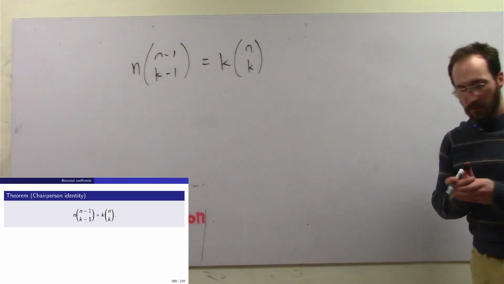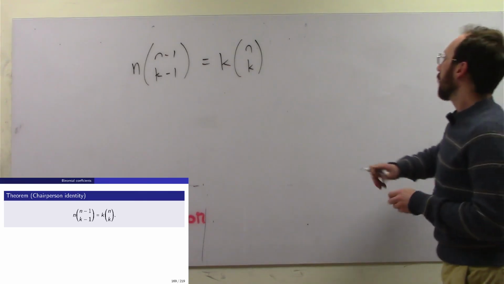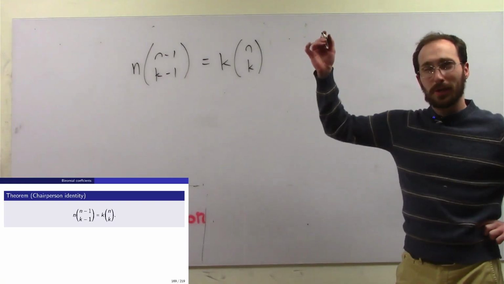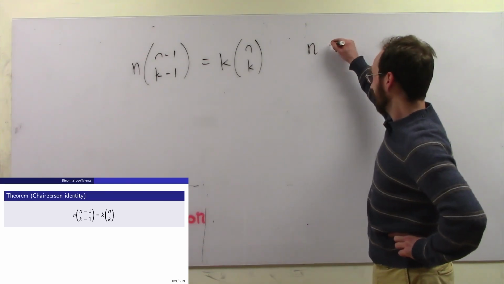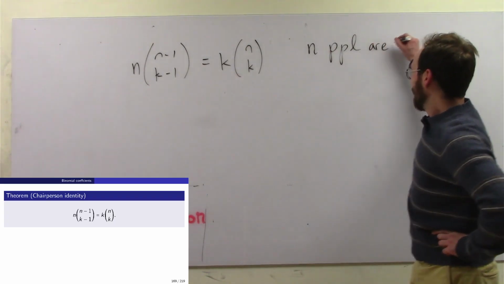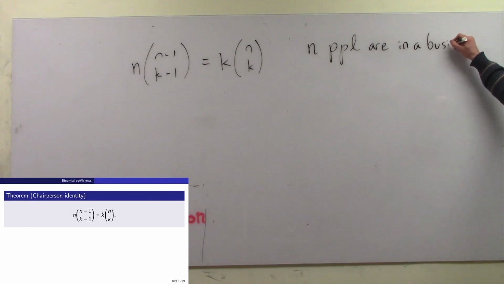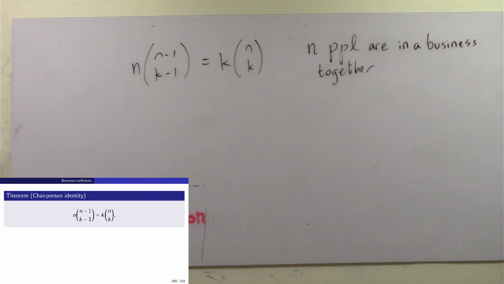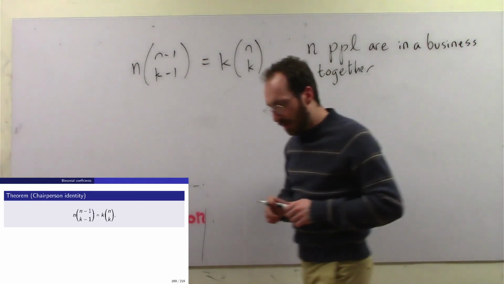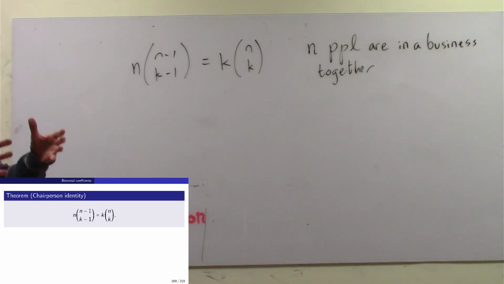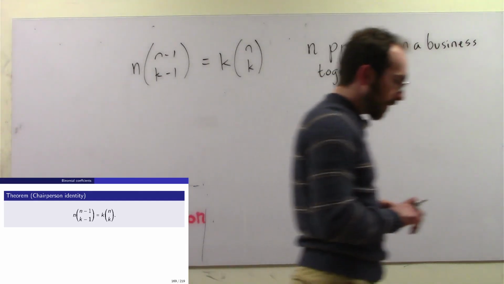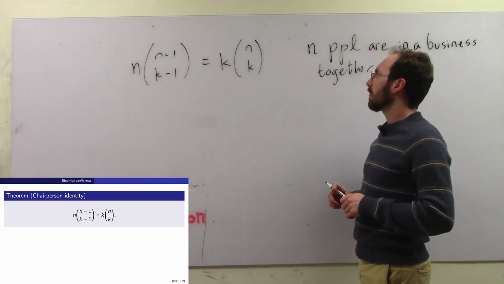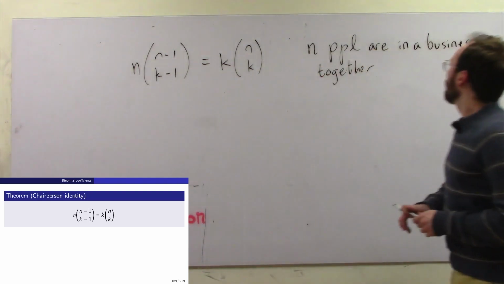The idea is, imagine we have a group of n people in a business together, and we're going to create a hierarchy where k of them are part of this select group, a group of k with a chairperson.